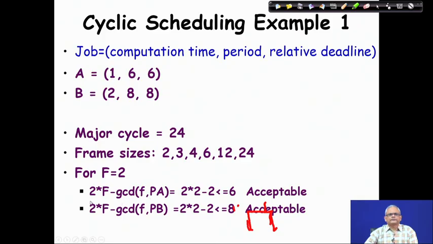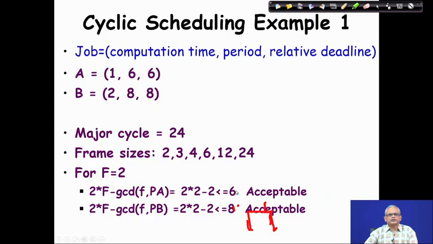So, 2 into f is 2 into 2, minus the GCD of f, which is 2, and the period, which is 6. The GCD of 2 and 6 is 2, and therefore, we get 4 minus 2 is 2, and 2 is less than or equal to 6.